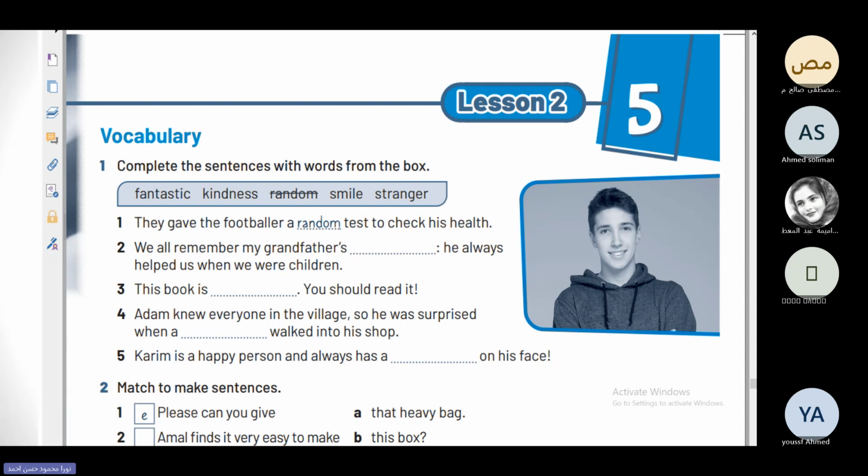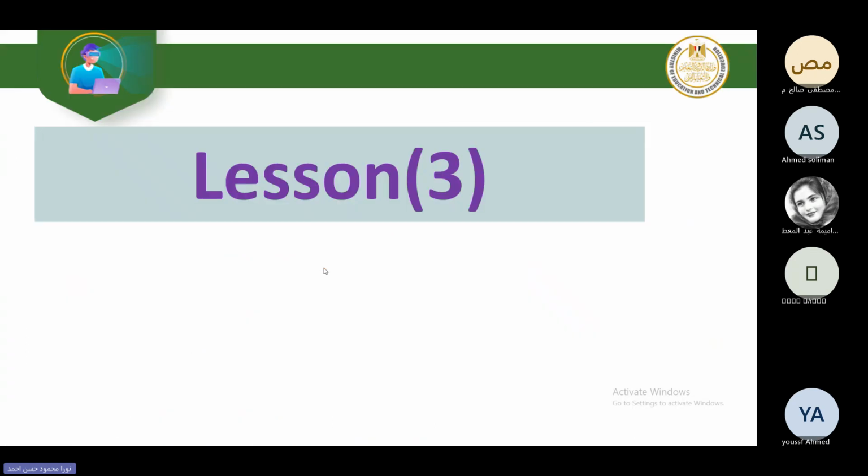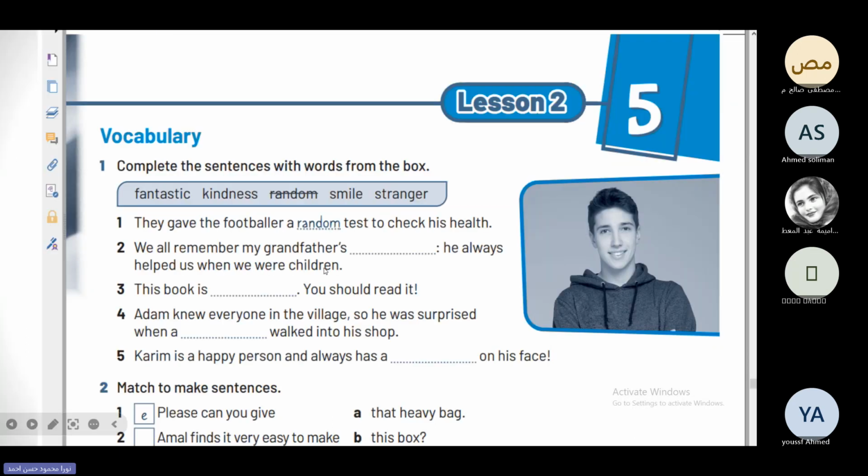We all remember my grandfather's kindness. He always helped us when we were children. So we all remember our grandfathers. Yes, I can hear you. Kindness. Number 3, this book is fantastic. That's why I say you should read it.